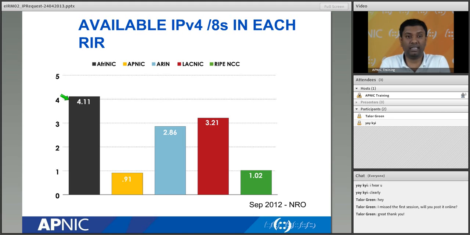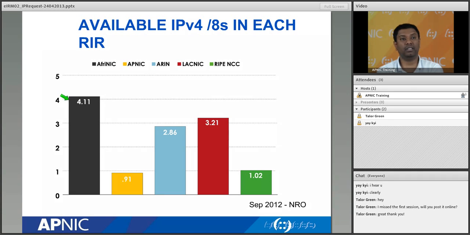Under that policy, when APNIC reached the final /8, which was on 14th of April 2011, after that you will not get any address greater than /22, right? So in the APNIC region, we have only 0.91 number of /8.